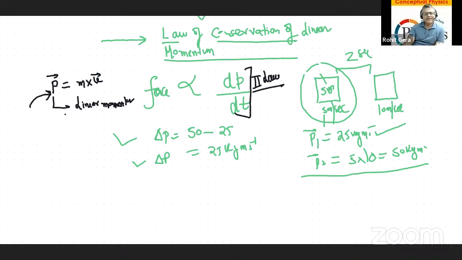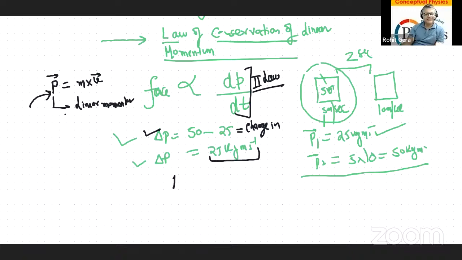This is the second law. In this situation, the body has undergone a change of momentum, which is this much. So there is a change in momentum, right? It took 2 seconds, so the force can be calculated.